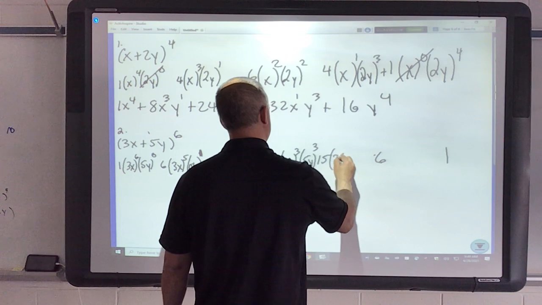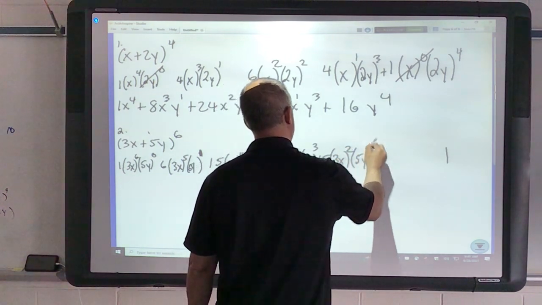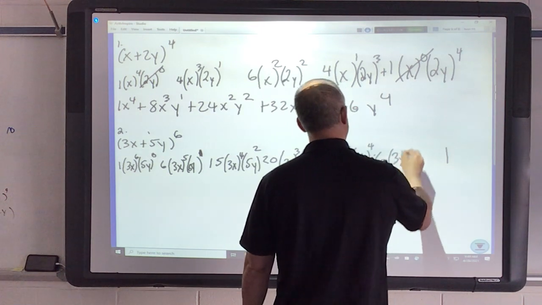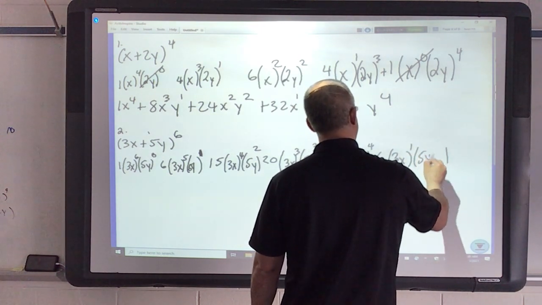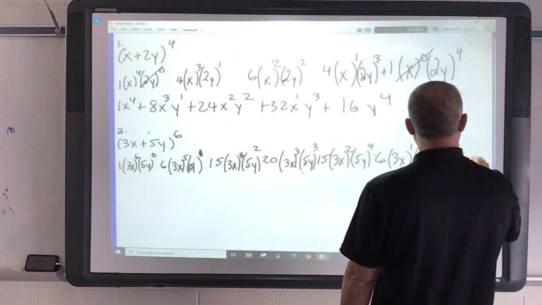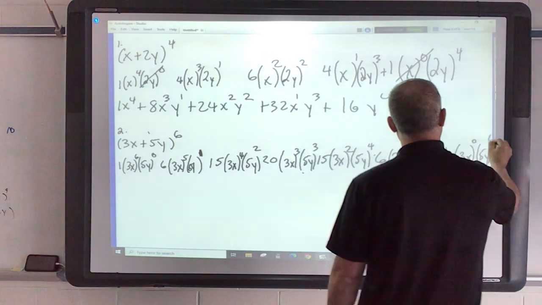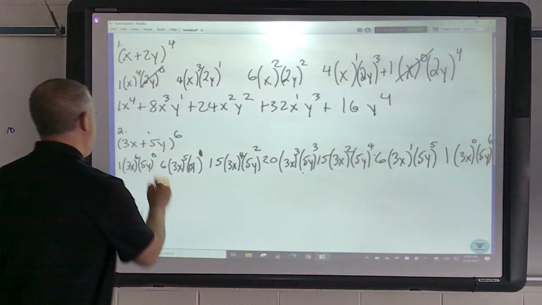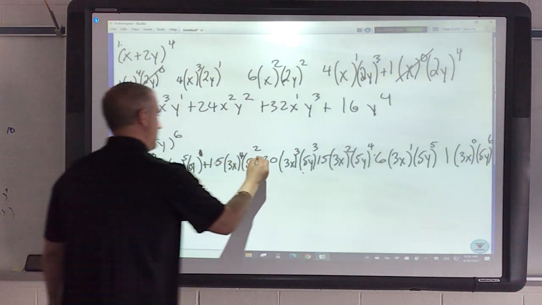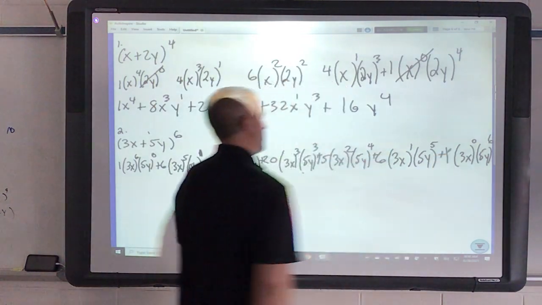Then 3x to the second, 5y to the fourth. Then 3x to the first, 5y to the fifth. And then 3x to the 0, 5y to the sixth. Now I would put the plus signs in between so I did not get confused. I'll do that when we do the notes, which terms are what.